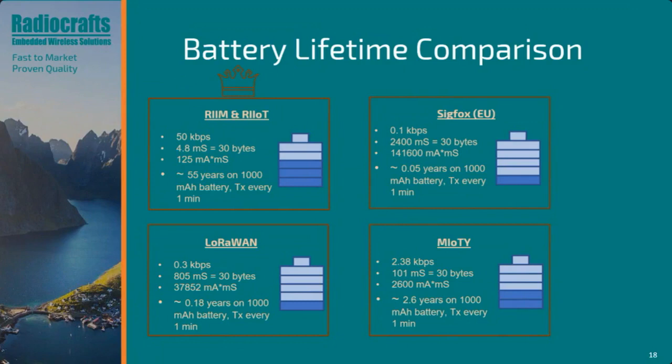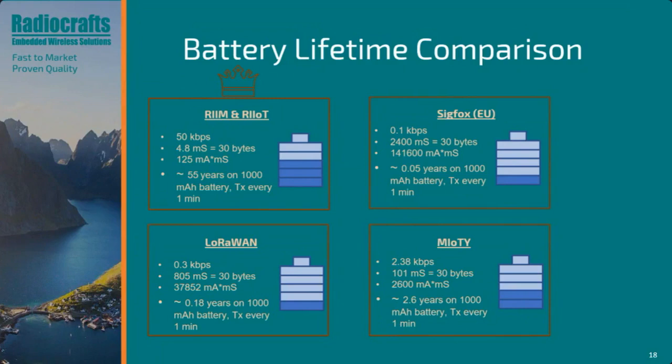And we assume 30-byte packets sent once per minute. We assume this for all technologies. Of course, the numbers here are not realistic since we are assuming some unrealistic things, but if we unify them, they can be fair to compare. We have RIIM and RIIT with 55 years on a 1,000 milliamp-hour battery. You have Sigfox, which would give you maybe less. LoRaWAN also way less.